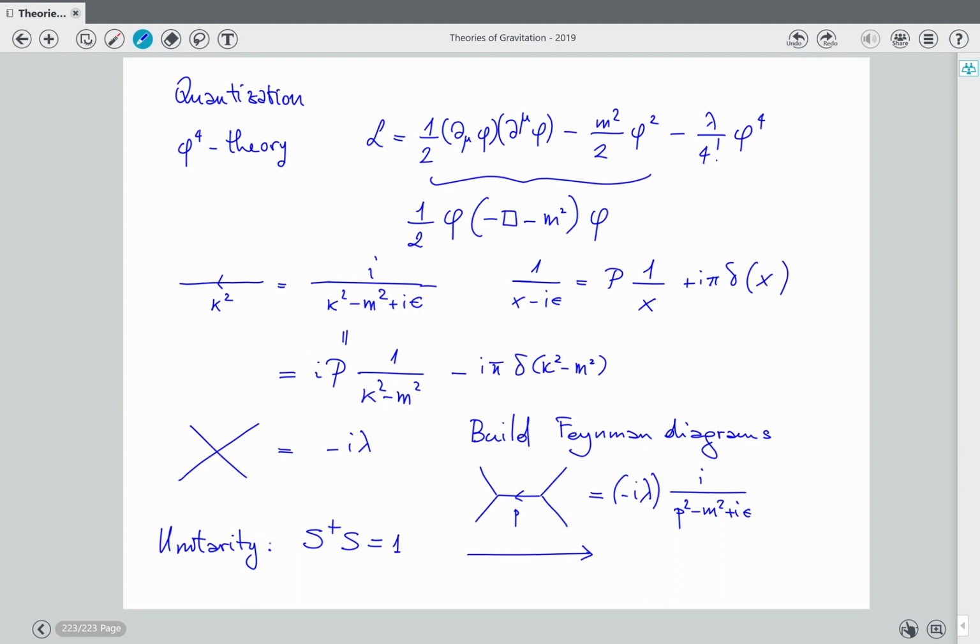So you multiply them one by one. And that is a simple Feynman diagram. So the result is minus I lambda squared divided by P squared minus M squared plus I epsilon.